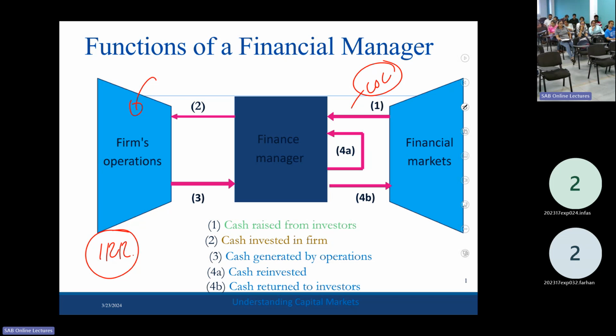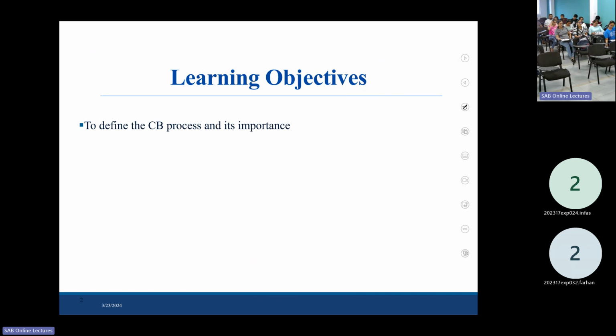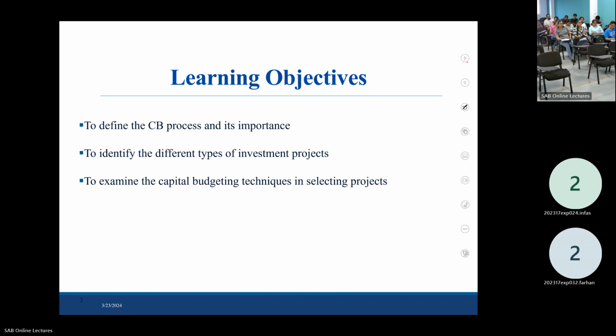Whatever you do here affects this, and ultimately reinvestment and returns to the share investors are all affected. So this is the big picture, right? Now let's look at the objectives. At the end of this session, as I say, capital budgeting is a very vast area, very complicated.